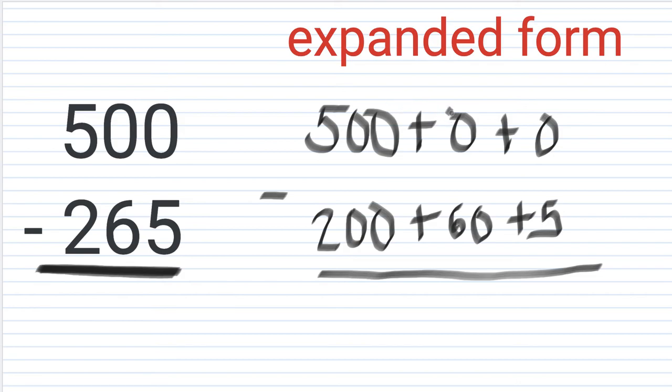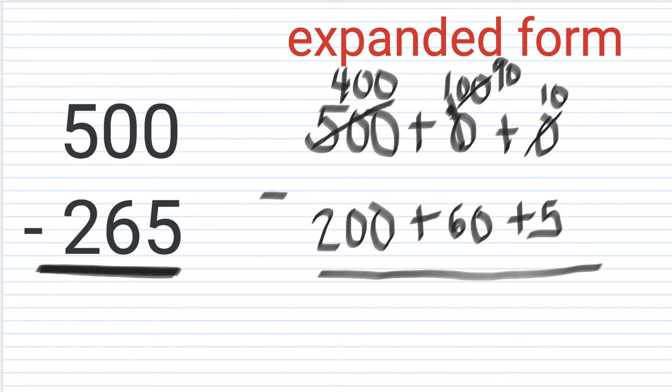So this 0 here will borrow 100 from 500, so this 500 becomes 400. And then, since you borrowed 100 from 500, this 0 here becomes 100. And that's the time the 0 here can borrow 10 from here. If you borrow 10 from here, this 100 becomes 90. And this 0 becomes 10.